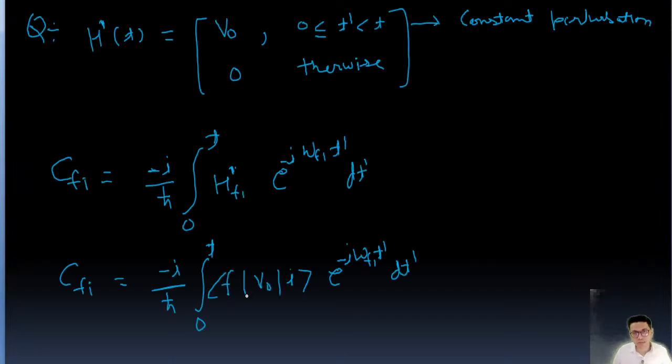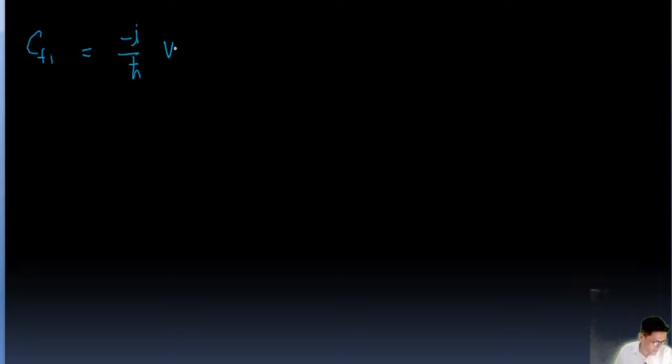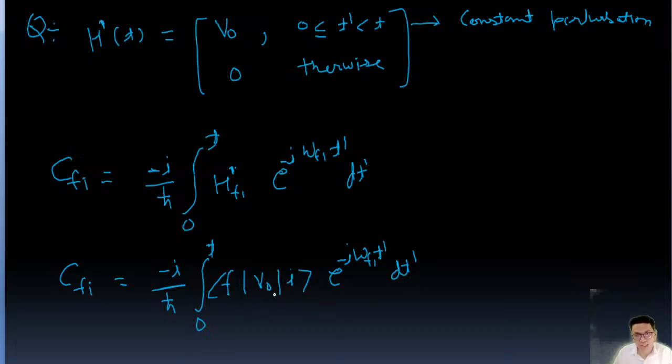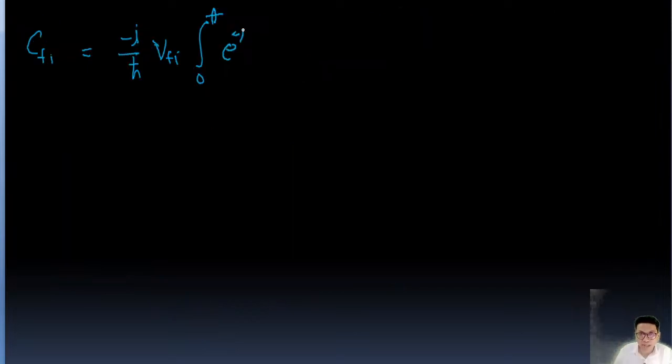Now the C_fi value is going to be minus iota upon h cut, and the h dash fi is V naught, so we can write V_fi, times e to the power minus iota omega fi t dash dt dash.